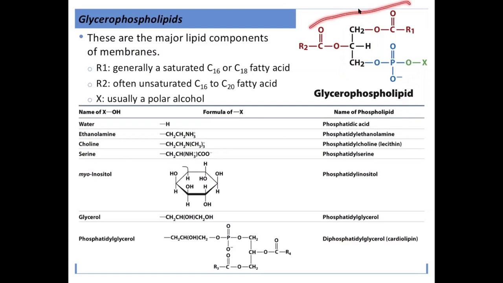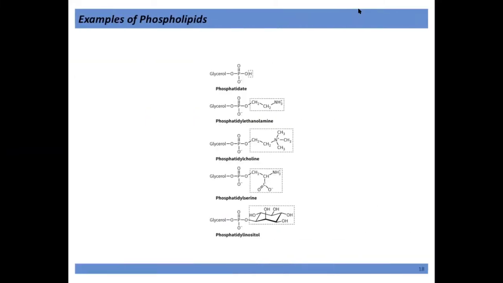So you got this fatty acid here, you've got this phosphate. This phosphate's connected to this glycerol here, and then you have another fatty acid portion. So yeah, cardiolipin is kind of a dimer of these glycerophospholipids. So all sorts of groups that you can put off of these phospholipids, and we'll talk about their functions a little bit later. So I just thought it's easier to see some of those structures.